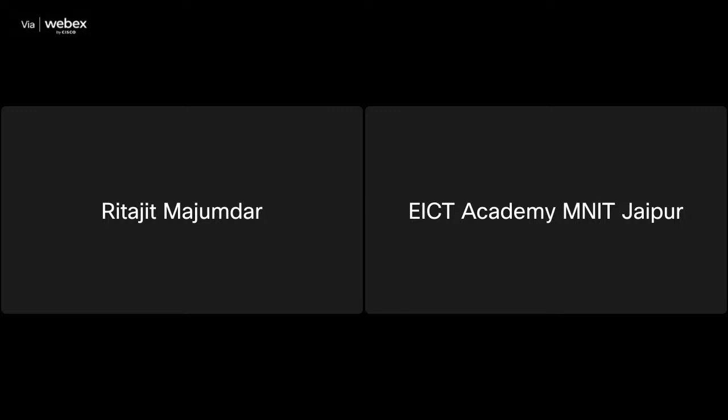Deutsch-Jozsa, Shor, Grover. So Deutsch-Jozsa is more or less a toy problem. There is no immediate application of that. It is kind of a toy problem which shows that quantum can be exponentially powerful over classical. There is no immediate application for distinguishing between a function which is constant or balanced.